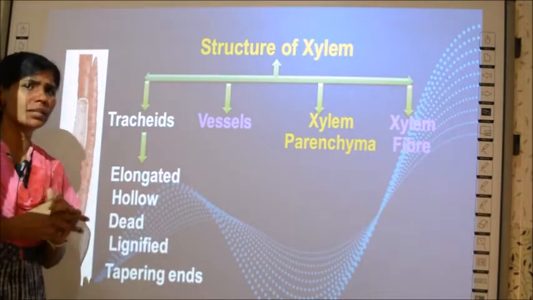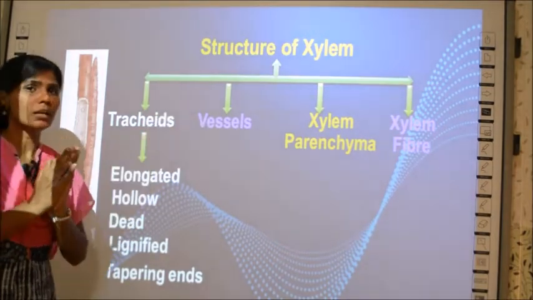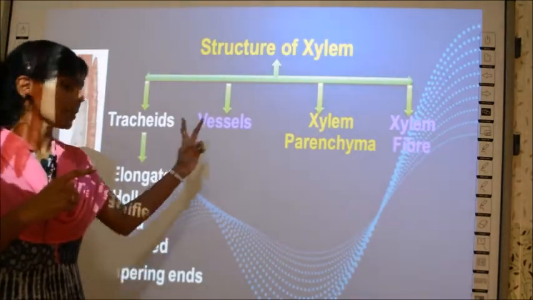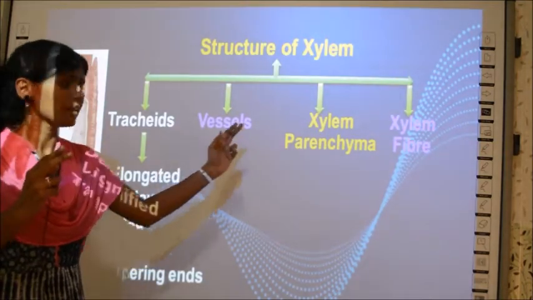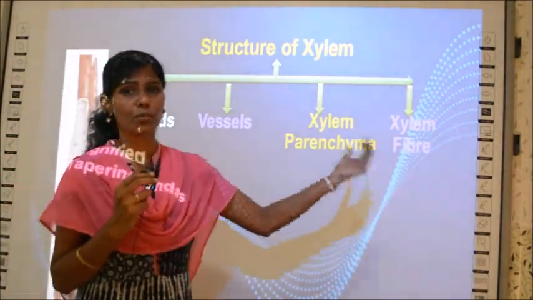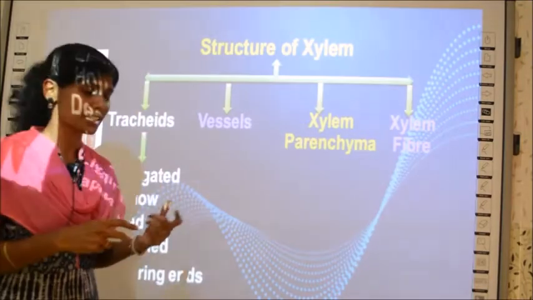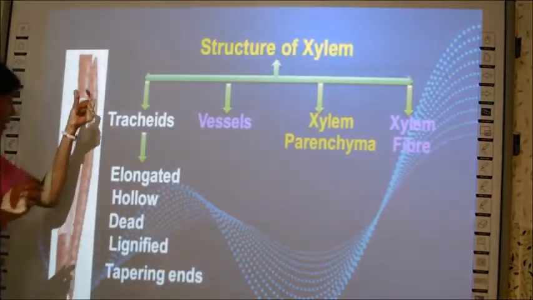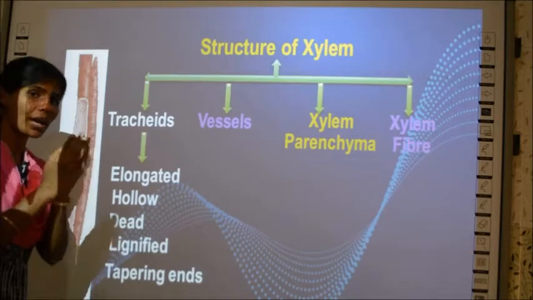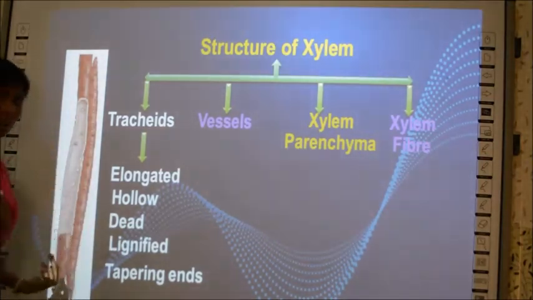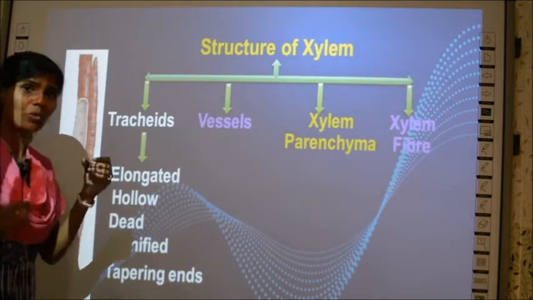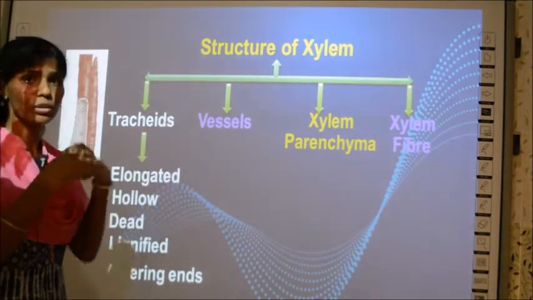What have we studied? The structure of xylem is made up of 4 parts together. One is tracheids, the second one is vessels, the third one is xylem parenchyma, and the fourth one is xylem fibers. Okay, so tracheid is an elongated structure, it is hollow or empty inside so that water will pass through it. And why is it empty? If there is a gap, only water can pass, no? What is the function of xylem?